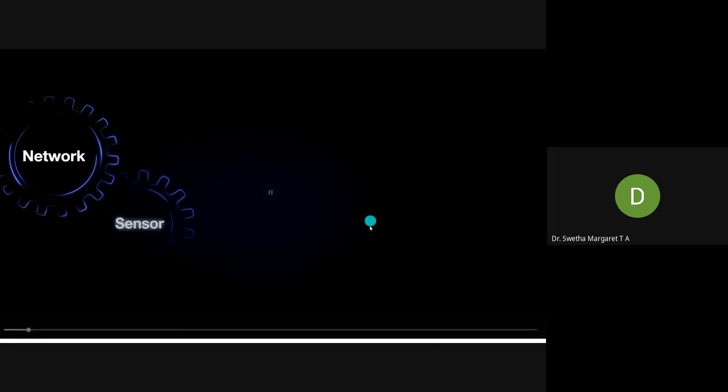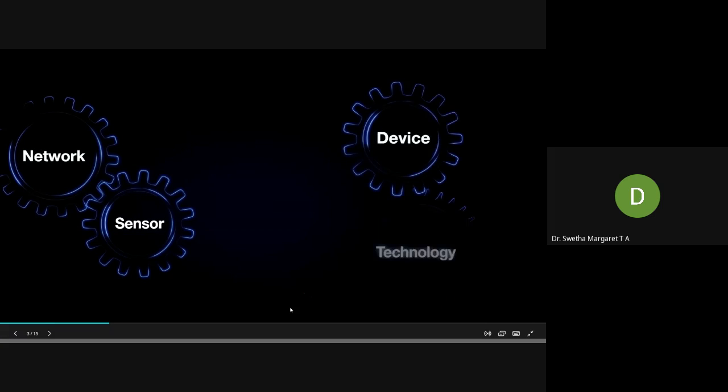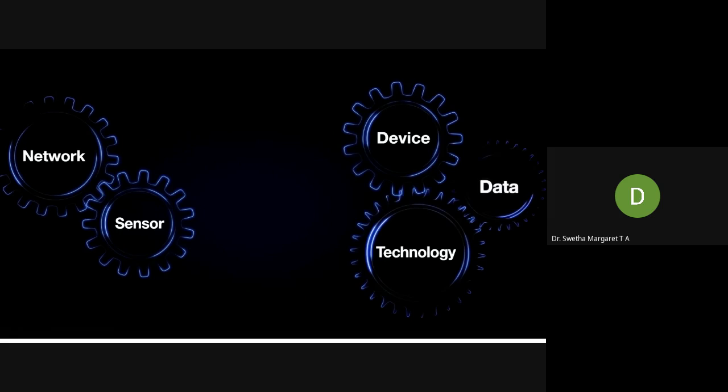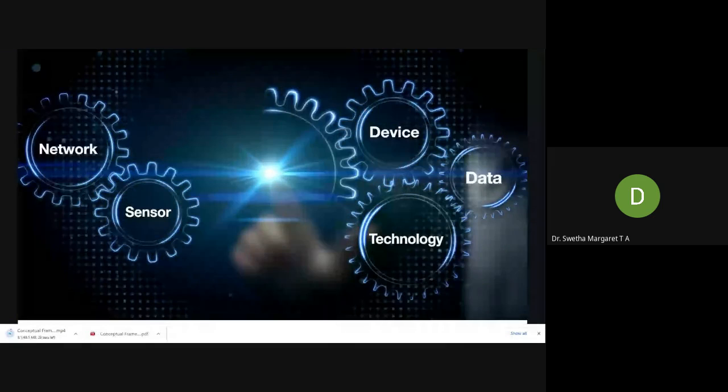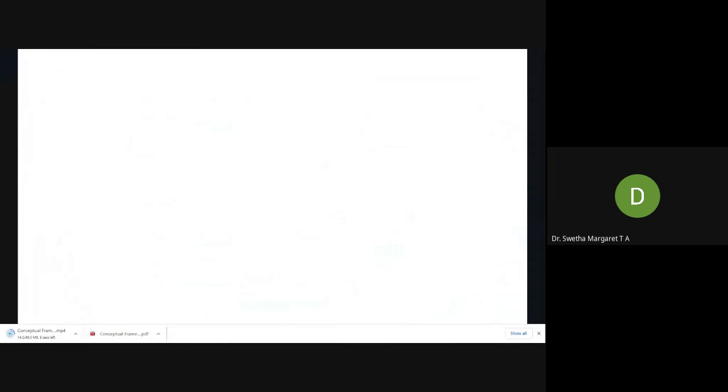Now, when we talk about Internet of Things, there is a broad spectrum of definitions available. Typically, IoT works through real-time collection of data and exchange of data through IoT components.